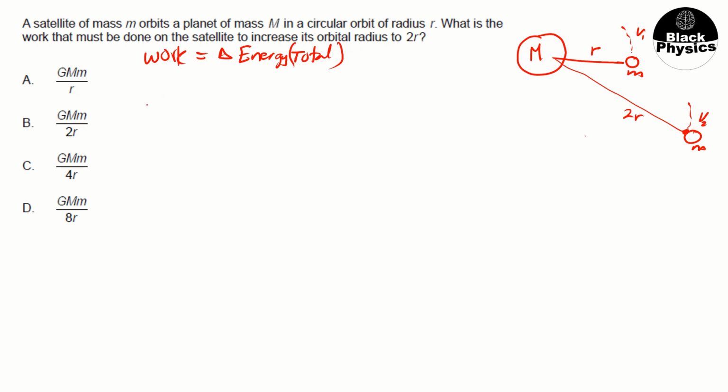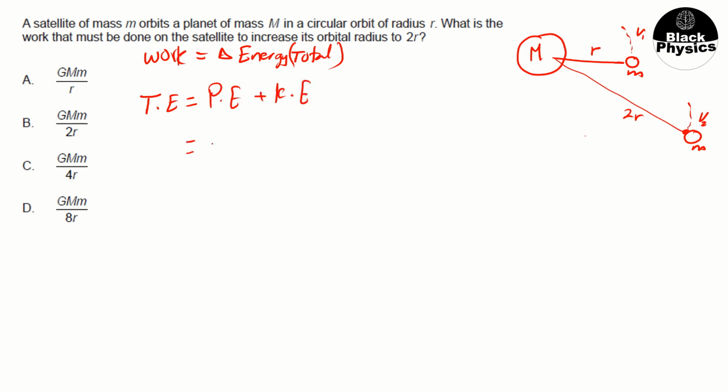So the first step here, I need to find a formula for the total energy, because this problem is about proving the correct formula. Just work with the formula without any numbers or any other concept. The total energy is the potential energy of the satellite plus the kinetic energy.